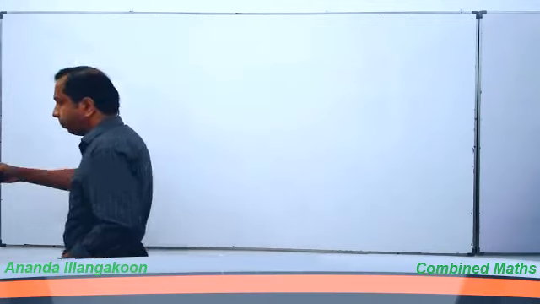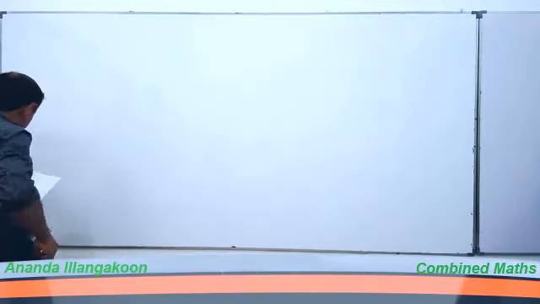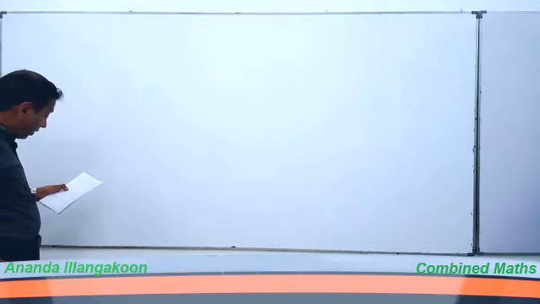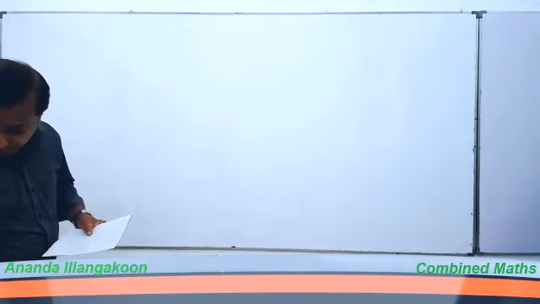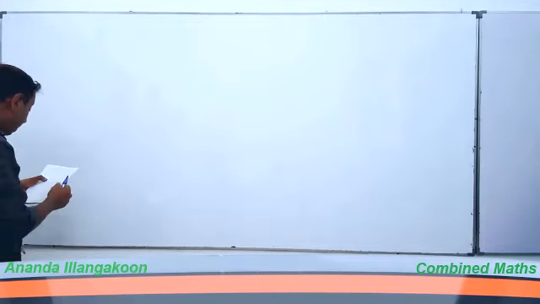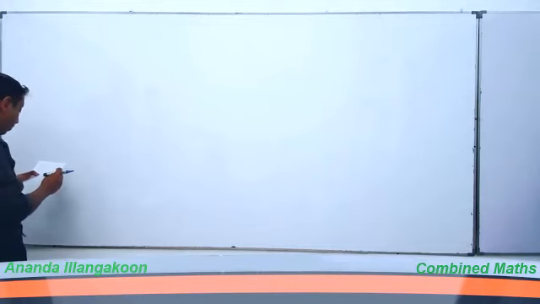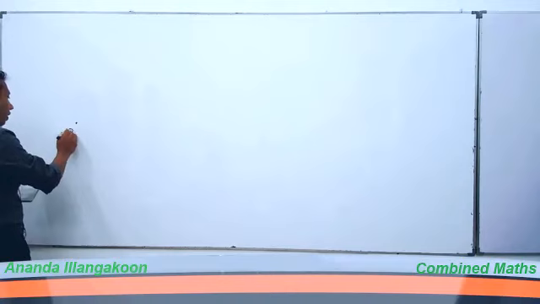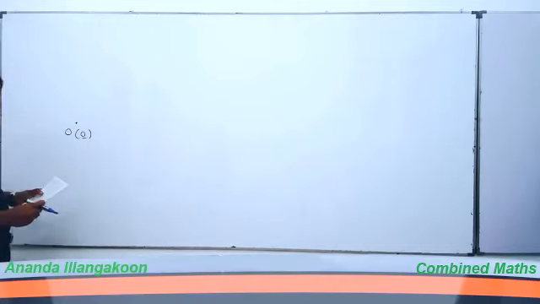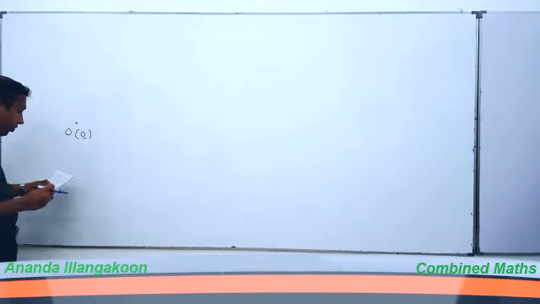Now, next one: the position vectors of the points A, B, C, and D are A, 2B, 2A, 3B. Position vector A and C. Here, suppose we have the vector origin O, which has the position vector 0 vector.